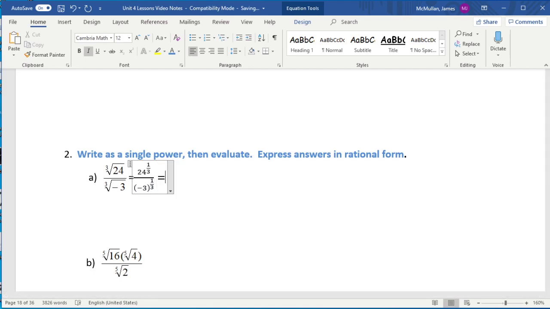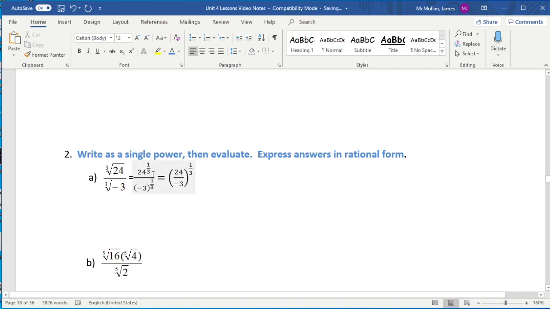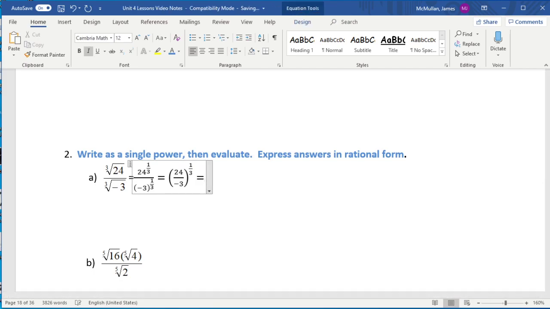Now I can take those two 1/3s and combine them, since it's a power on the top and the bottom, it could be the same thing as a fraction to the power. Then I can see something I probably couldn't see before. 24 divided by negative 3 is negative 8. I can do that, right? And then I go to the power of 1/3. And then I get the answer is negative 2.